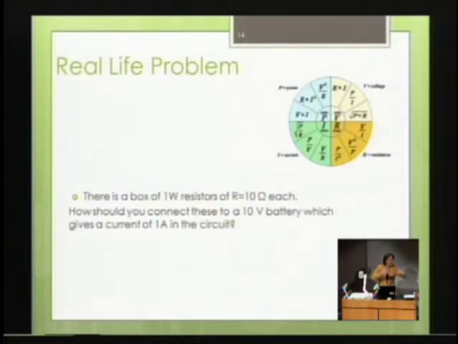I have 1000 resistors there. I want to ask you, how should you connect these resistors to a 10 volts battery, which gives a current of 1 amp in the circuit? Who can figure this out in the next few minutes?